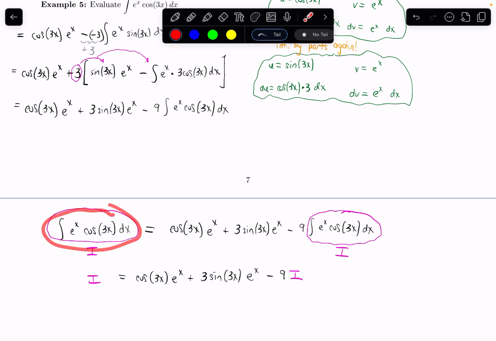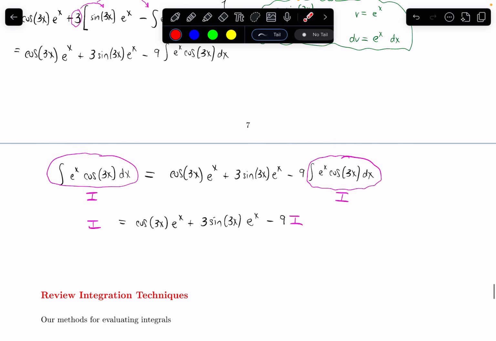So my goal is to figure out what I is. So I'm seeing I show up here and here. Let's just get all the I's on one side. So if I add 9I to the left, we are going to get 10I equals these other terms, cosine of 3x times e to the x plus 3 sine of 3x times e to the x.